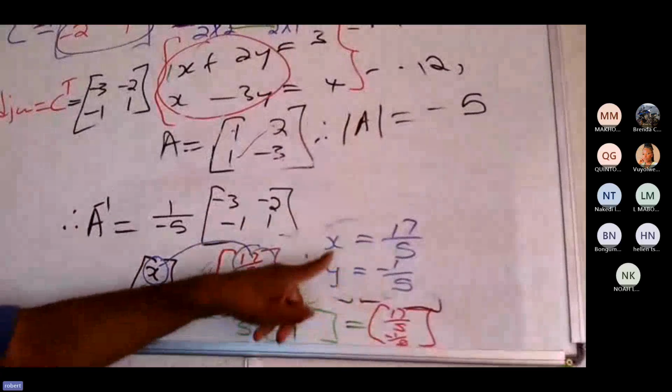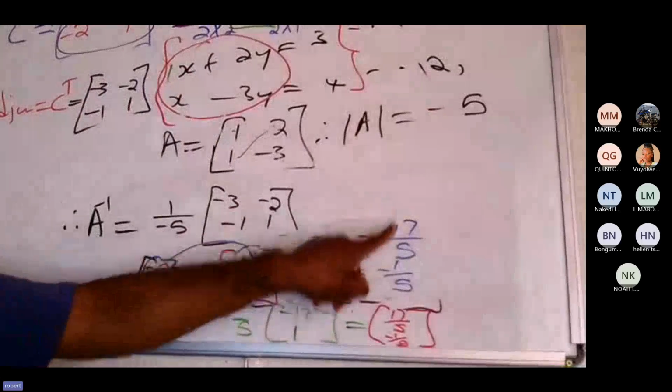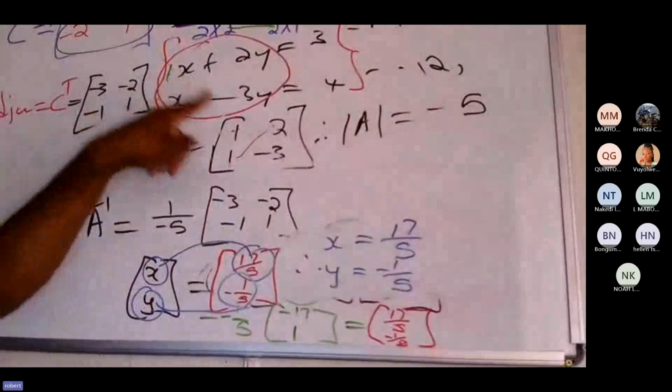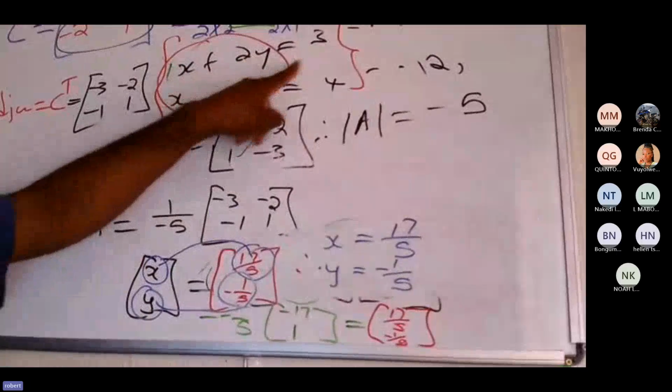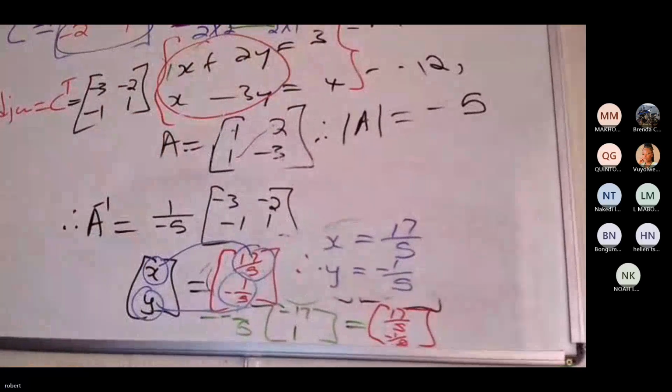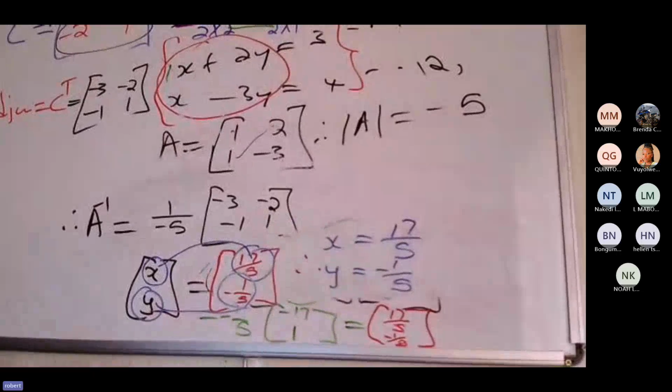How do you validate? You replace x by 17 over 5 here. Then you replace y by minus 1 over 5 here and see whether the answer will be 3. If it is not 3, then you know you are wrong. No argument.